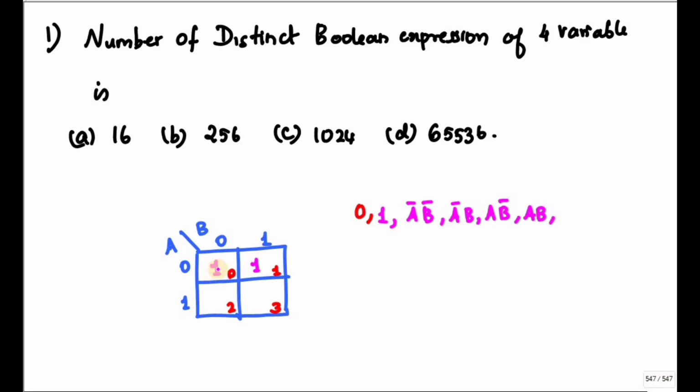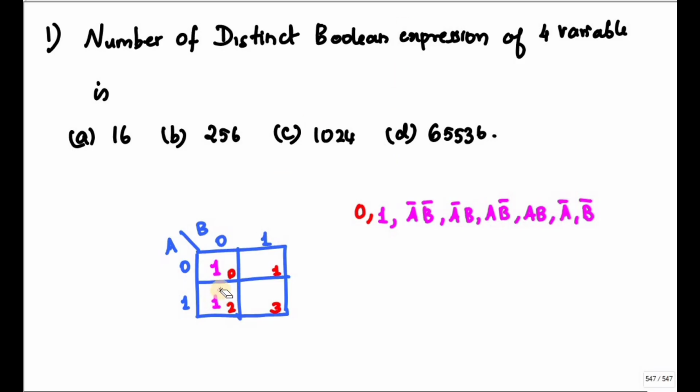Suppose this row is filled with 1. So the answer will be A bar. If these two are filled with 1, the answer will be B bar.